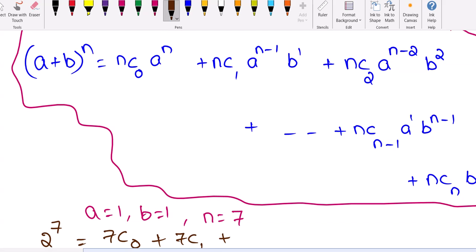Since a is 1 and b is 1, a^n or a^(n-1), all those will be 1.